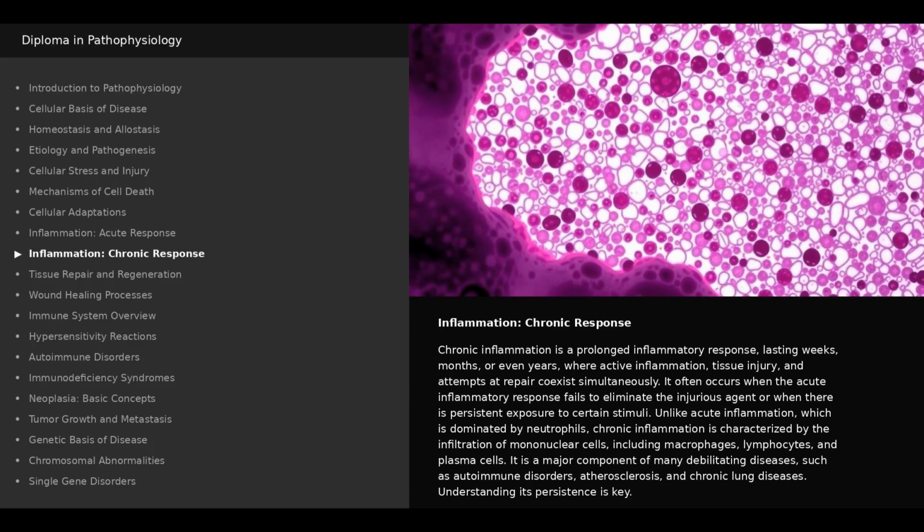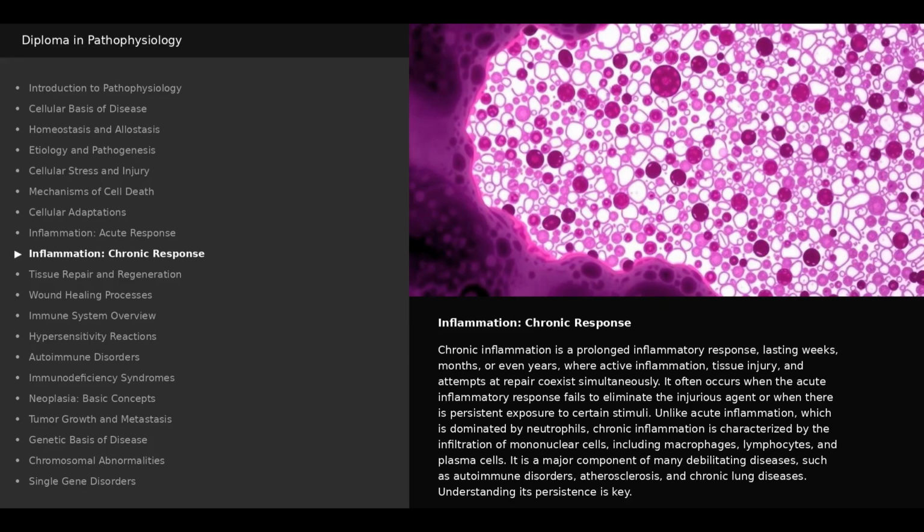Inflammation, chronic response. Chronic inflammation is a prolonged inflammatory response, lasting weeks, months, or even years, where active inflammation, tissue injury, and attempts at repair coexist simultaneously. It often occurs when the acute inflammatory response fails to eliminate the injurious agent, or when there is persistent exposure to certain stimuli.